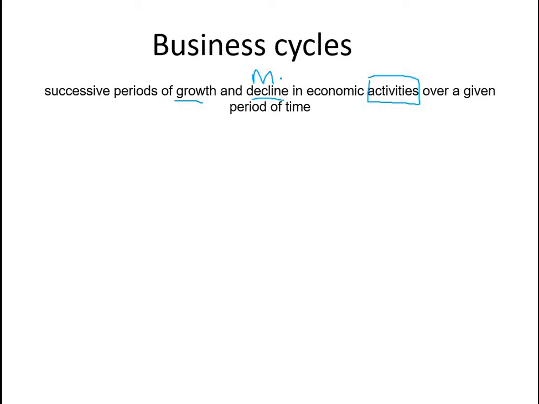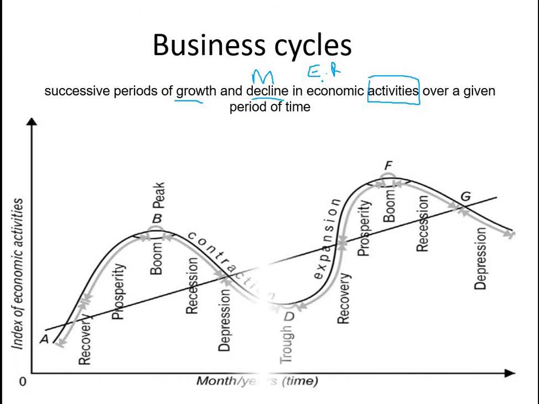It's better for us to have more exports. That means there's more domestic production done in a given period of time. Also, the other issue which can affect growth is the exchange rate. We need to consider that when we talk about growth and decline.